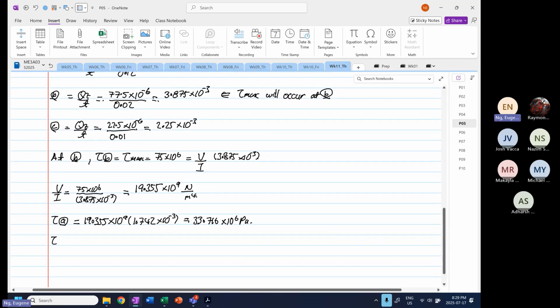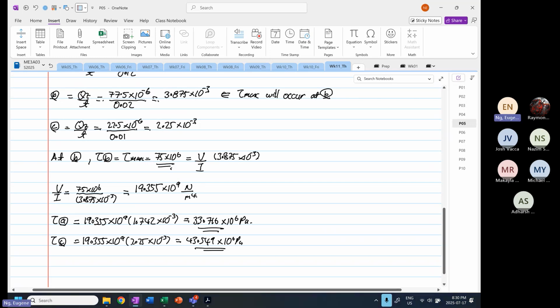And the shear stress at point C is equal to 19.355 times 10 to the power 9, multiplied by 2.25 times 10 to the power minus 3. So that is equal to 43.549 times 10 to the power 6 Pascal.